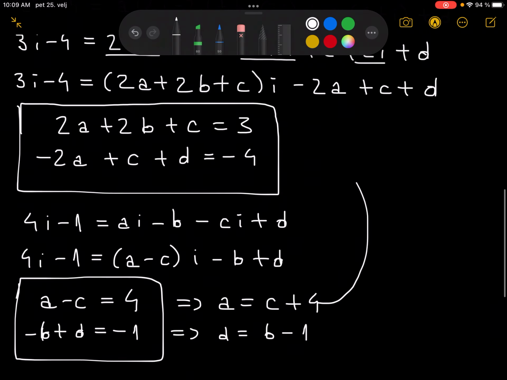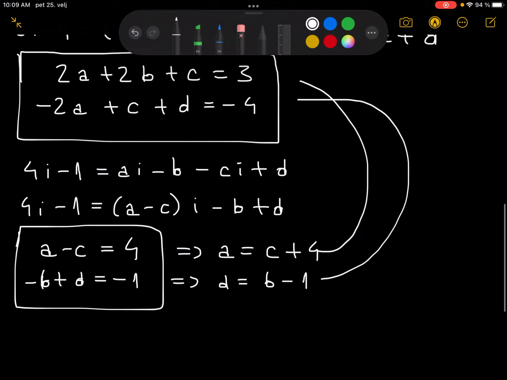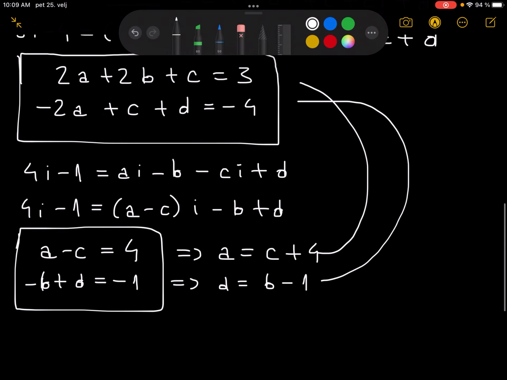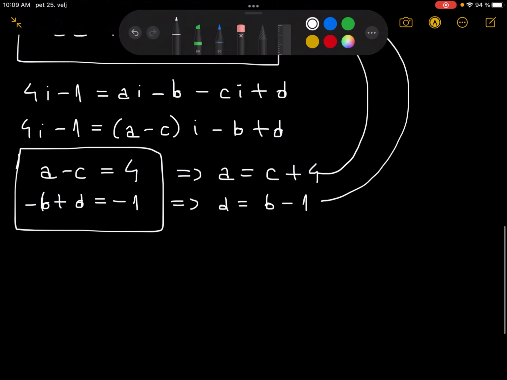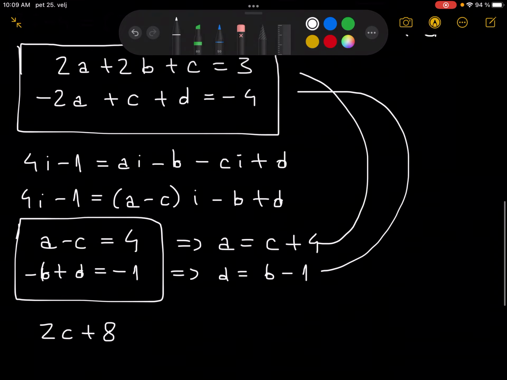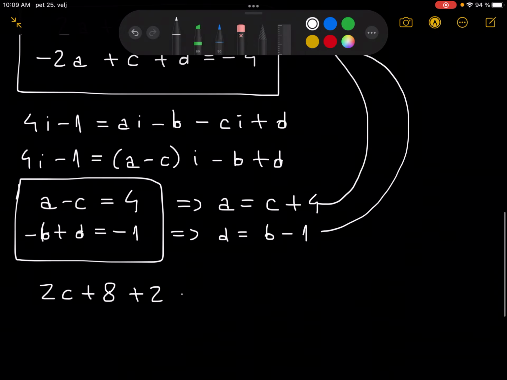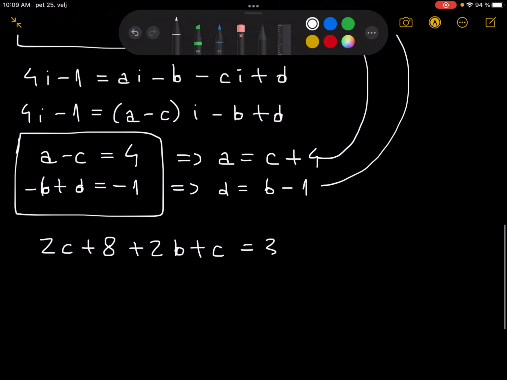Now let's just go ahead and plug that in to these two equations. So instead of a, I'm going to write 2 times c plus 4, which is 2c plus 8, 2c plus 8 plus 2 times b plus c, and that's just equal to 3.